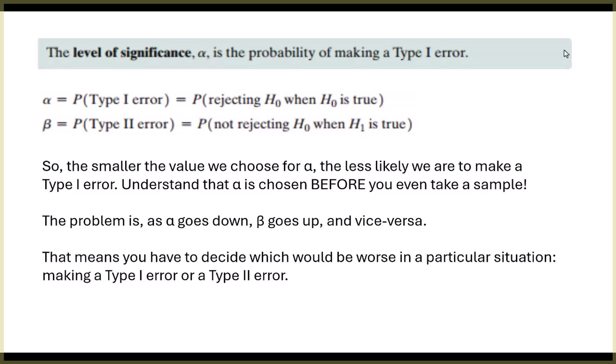If we're talking about airplane inspections, and a type 1 error is checking that airplane too much. It costs money. We're going to do a super thorough investigation of that airplane. And a type 2 error would be what?